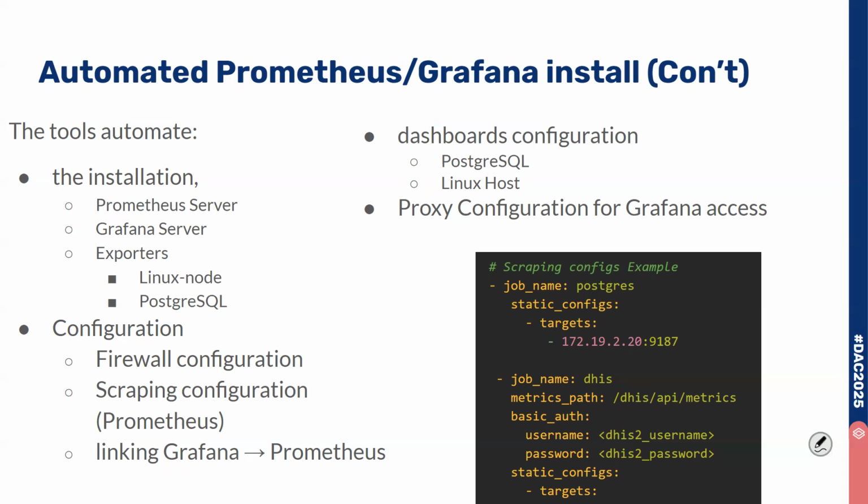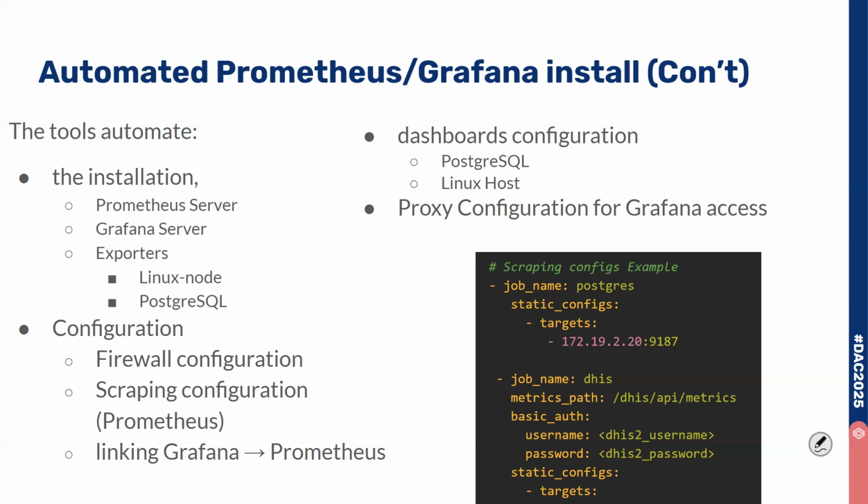Prometheus then connects to the exporter, could be a Linux node exporter or PostgreSQL exporter, and the same data is visualized on dashboards that you develop on the Grafana endpoints. So all these can be a lot of work.